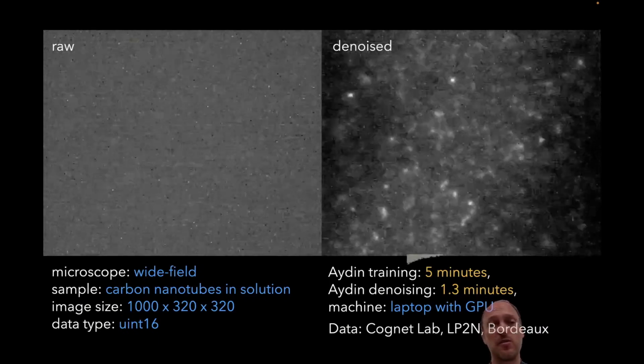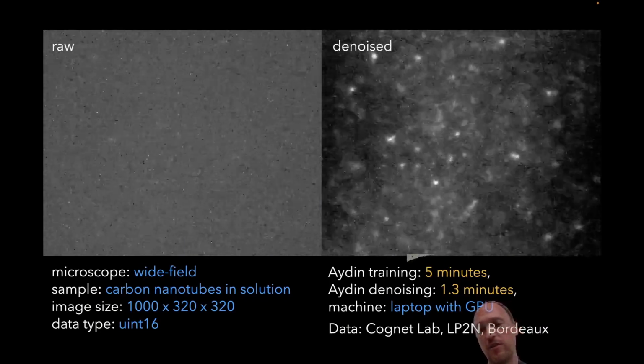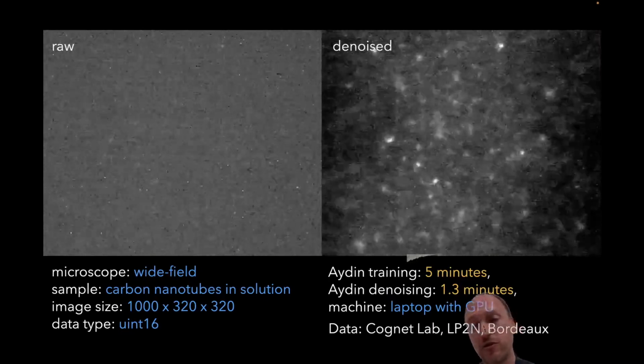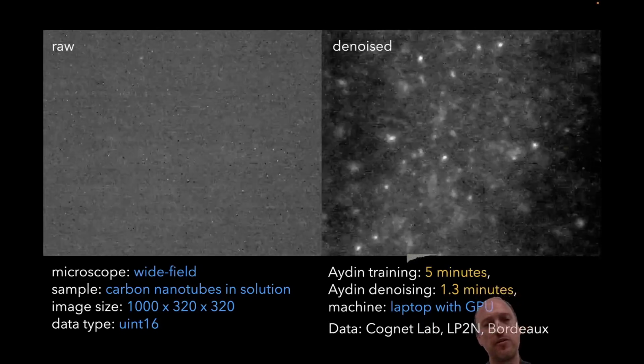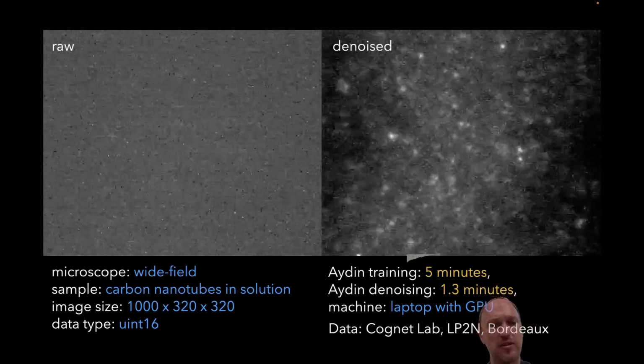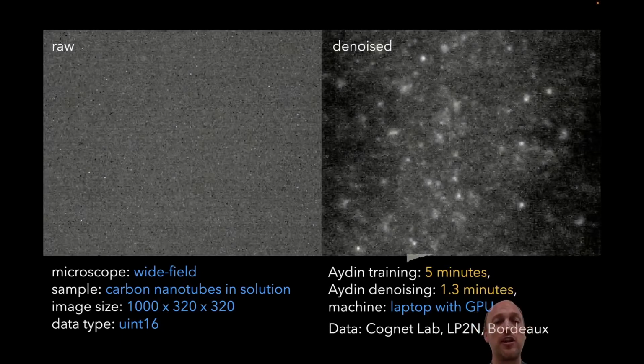Here are some images of carbon nanotubes in solution from our collaborator lab of Laurent Cognet in Bordeaux at LP2N. These are acquired on a wide field microscope. The image size is 1000 by 320 by 320, so a really very large image by any standard.